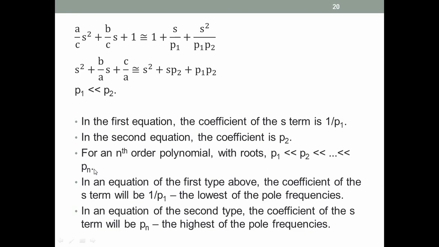All right. So in this form, the coefficient of s is 1 by p1, where p1 is the smallest frequency. In this form, the coefficient of s is p2, where p2 is the largest frequency. In this case, we have only 2, so there is one smaller and one larger. But if there are n, you can easily show that this will be the largest frequency. And this is an important point to recognize.